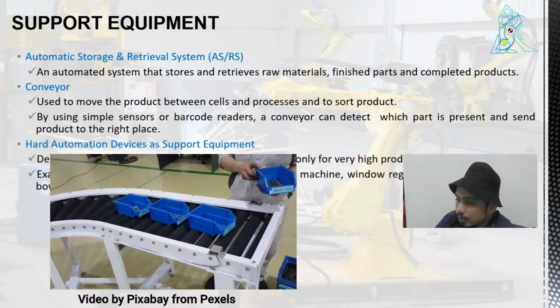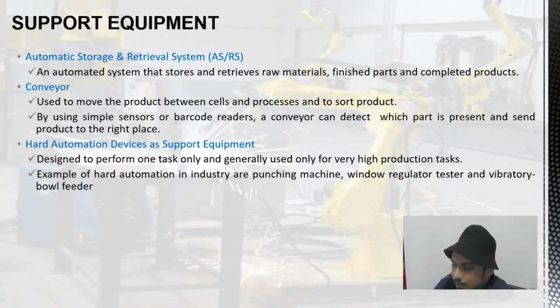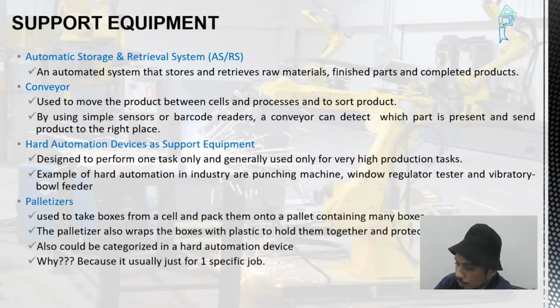Okay, so another one is hard automation. Hard automation, as we discussed in the previous video in part 1, can become one of the support equipment, because hard automation is among the tools, like tools for the robots at the manufacturer, or the tools for the machines to process or to fabricate some of the products. Okay, and palletizers.